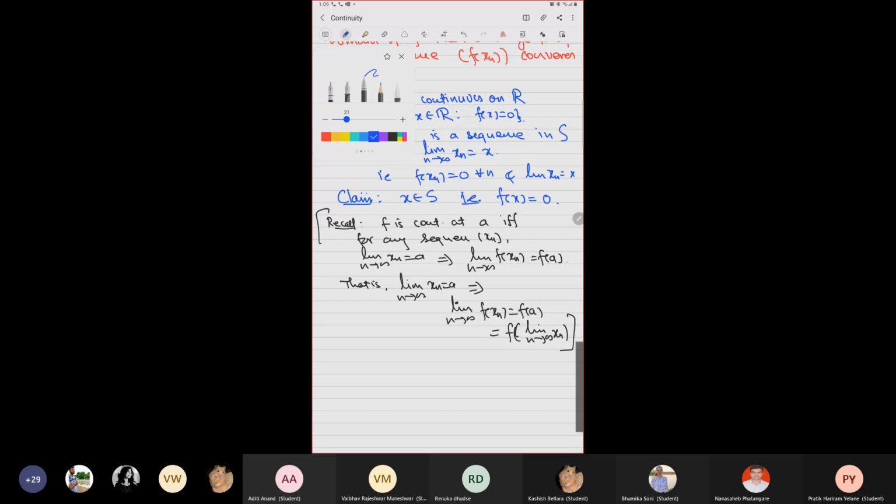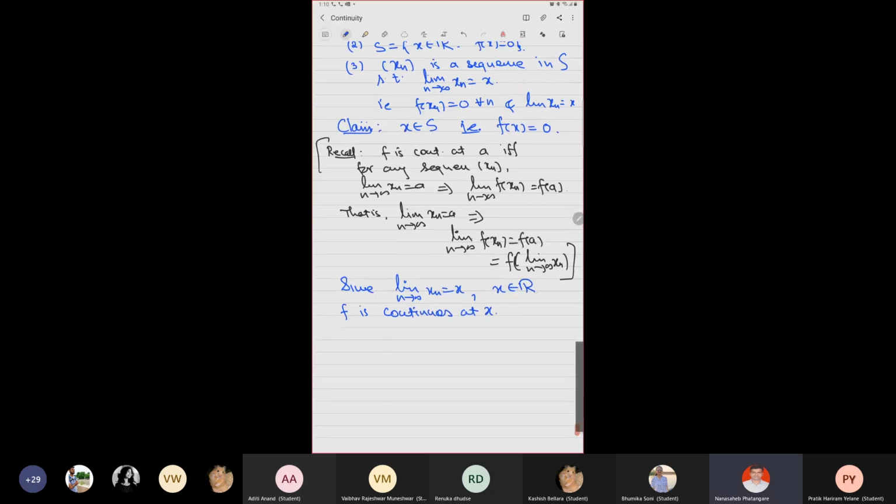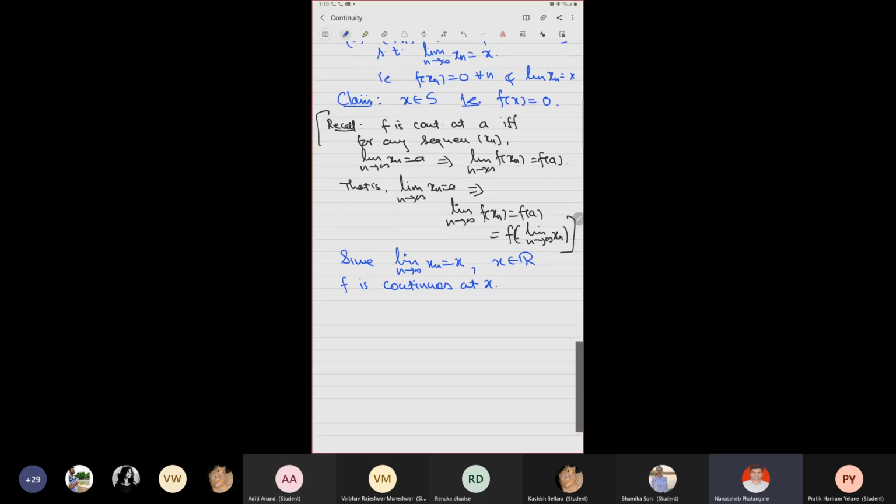So since the limit of xn is x, where is x? Is x a real number? Yes, sir. Right. And the function is continuous at x because it is given that the function is continuous everywhere. So f is continuous at x. Now see the previous discussion in black color.